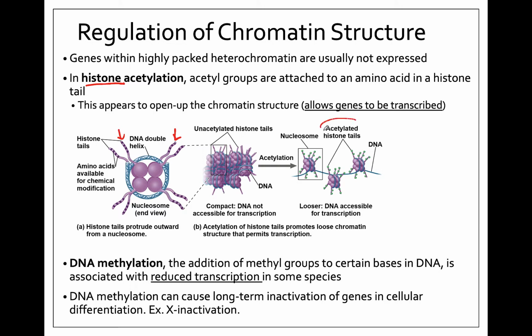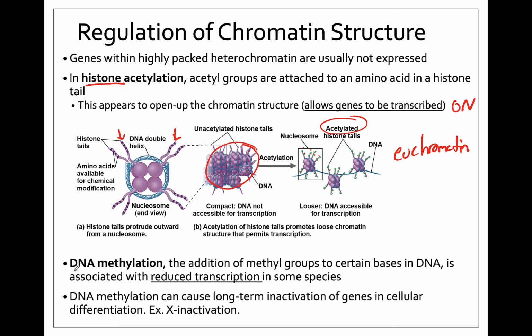When you add acetyl groups to the histone tails, those are these little green dots here, it actually loosens up the DNA. So this is a very compact heterochromatin, and it's getting loosened over here to a euchromatin, which can then be transcribed. So this is going to turn a gene on.